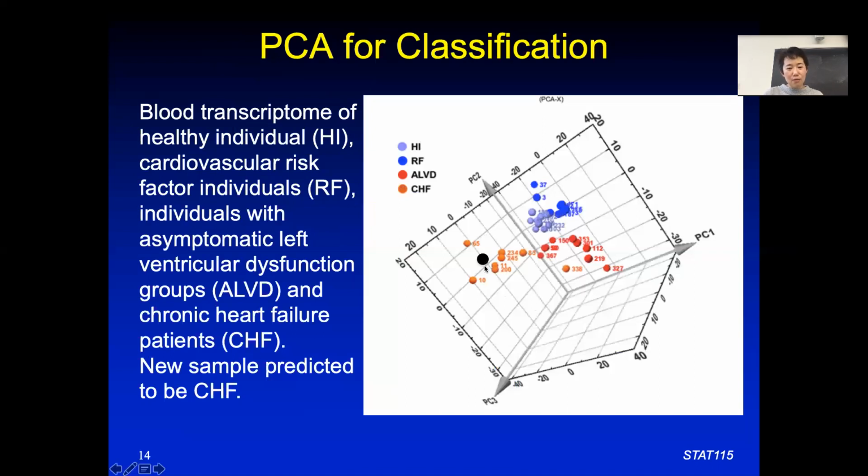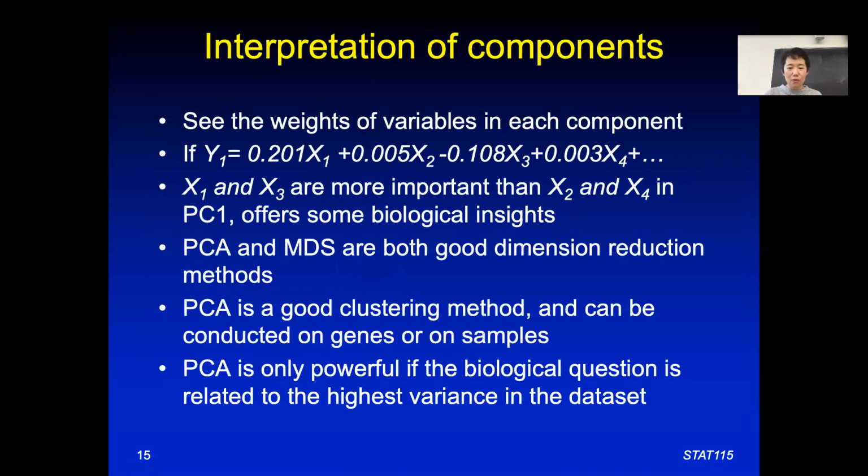You can use this original projection on the 3D to give you some predictions. The nice thing about principal component analysis is, remember, k-nearest neighbor is kind of a black box. You just say, oh, it looks like other things. You don't understand why. However, here we can look at the weight of the variables in each component.